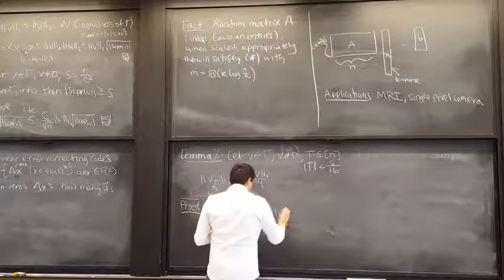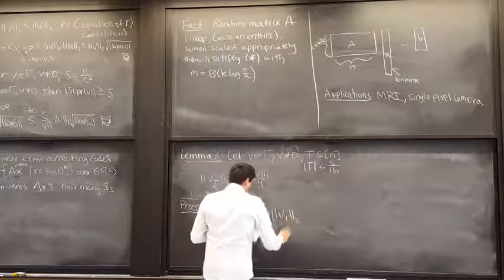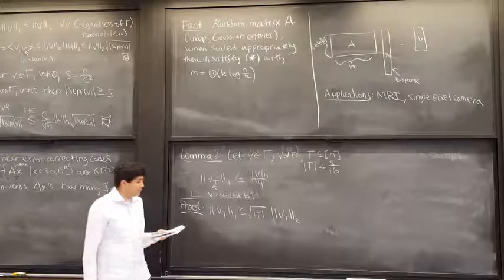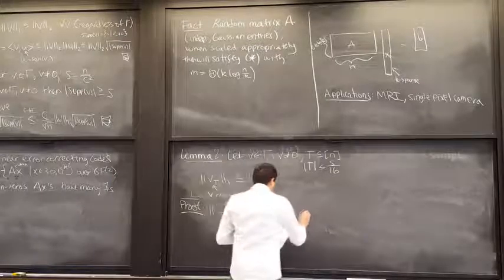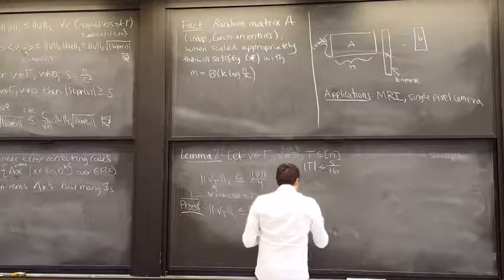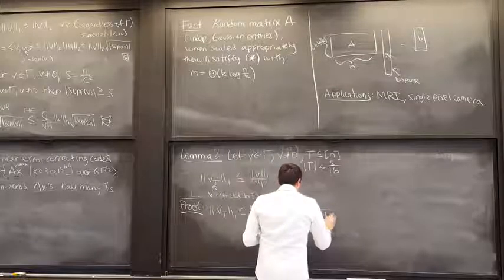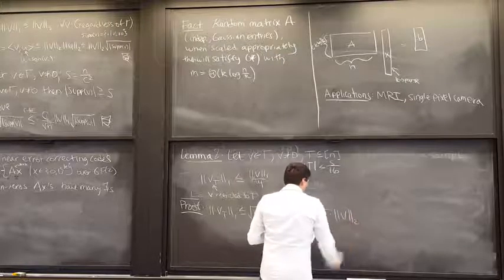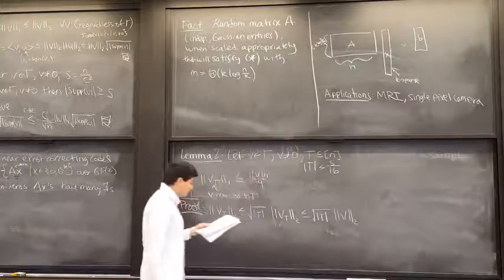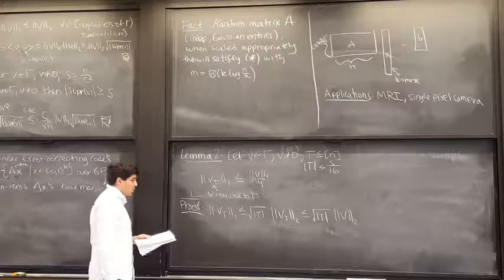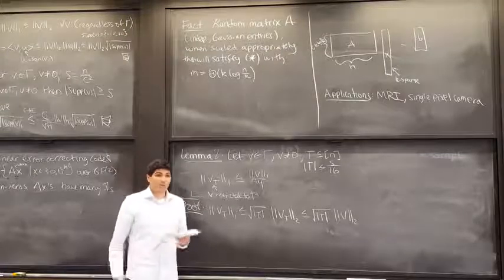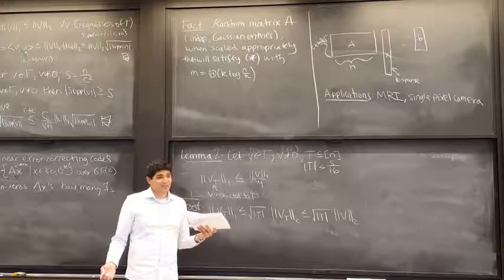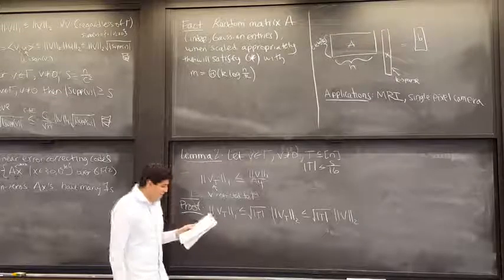So we know that it is at most root T times the 2 norm of the vector V_T. Now the 2 norm only gets larger if we consider all of the different coordinates. So lo and behold, we have this inequality. We've used Cauchy-Schwarz, and there's only one other thing we can do. Use Cauchy-Schwarz again, I guess.